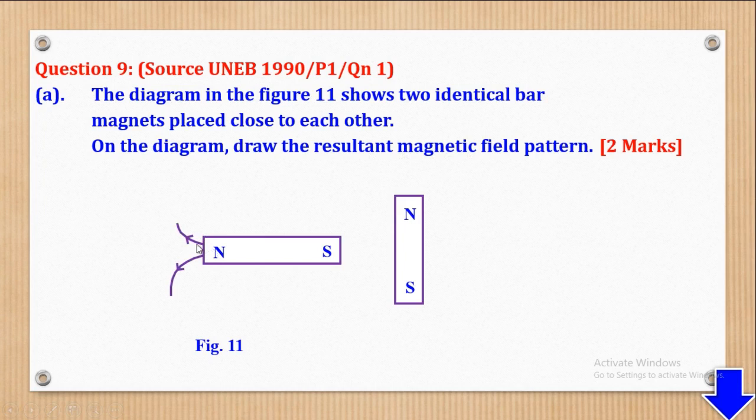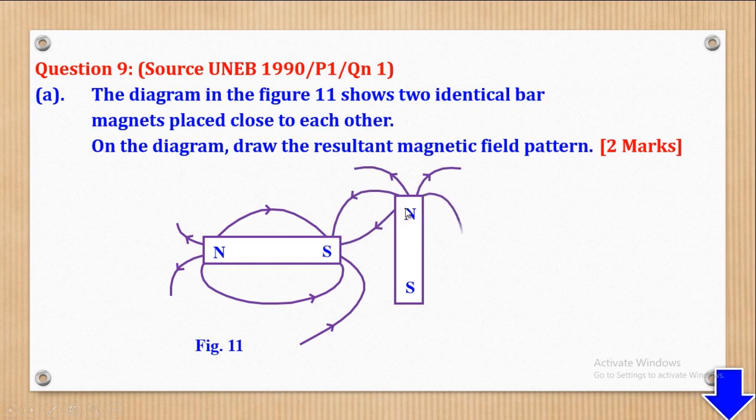So remember, magnetic fields run from north to south, so that will be the magnetic field pattern on the first magnet, and the ones connecting from the north of one magnet to the south of the other magnet will be as follows. Then these will be the ones which range from the north to the south of the same magnet.